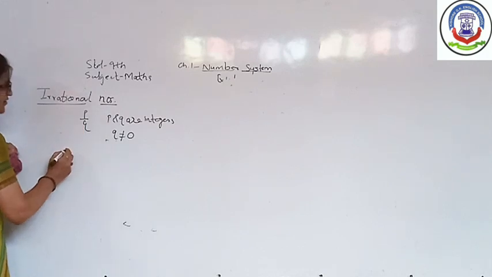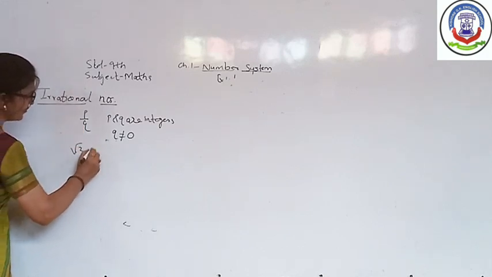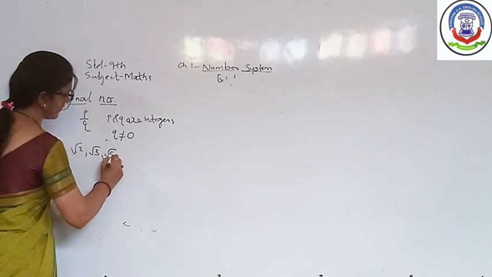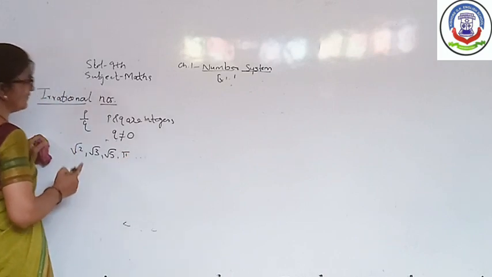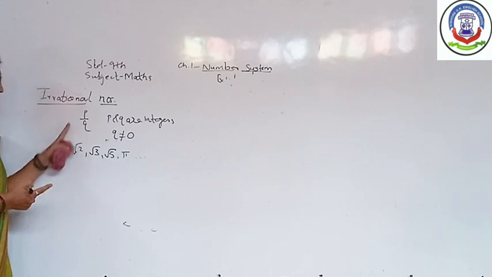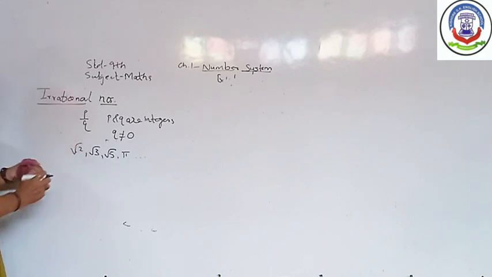Examples of such irrational numbers are square root 2, square root 3, square root 5, pi. These all are irrational numbers because we cannot express these numbers in the form p by q.